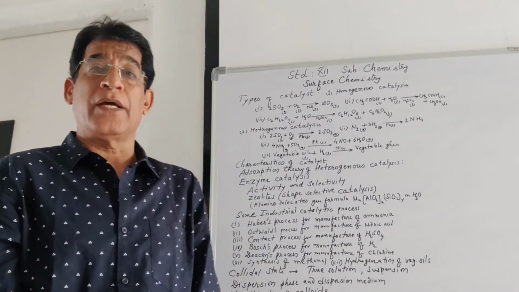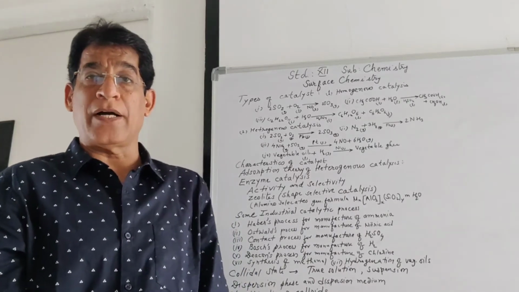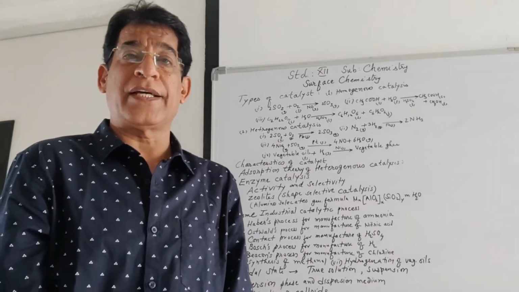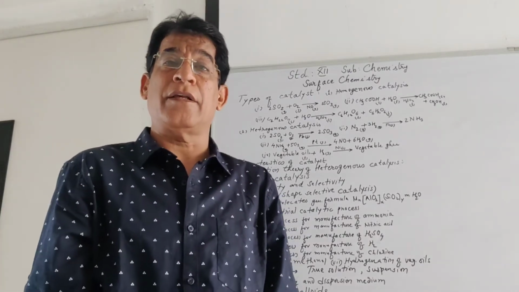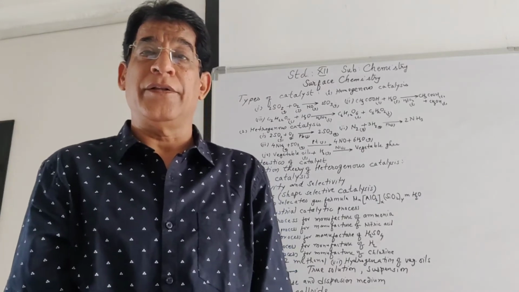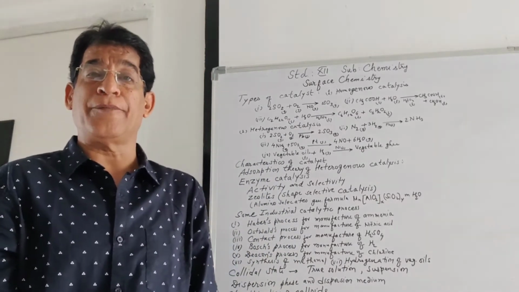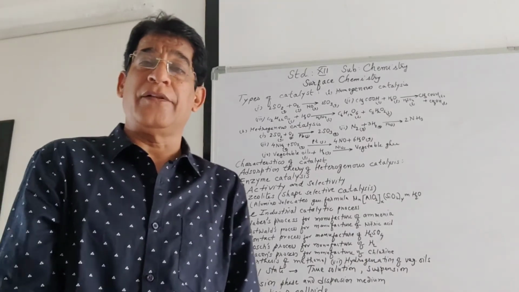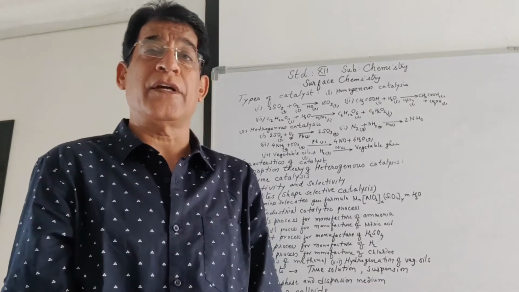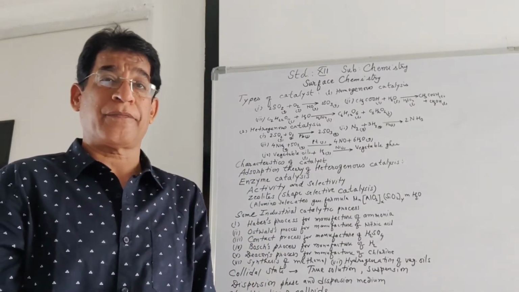They have a honeycomb-like structure called the beta cage. The reactions catalyzed by zeolites depend upon the shape and size of the reactant and product molecules. That is why these types of reactions are called shape selective catalysis.